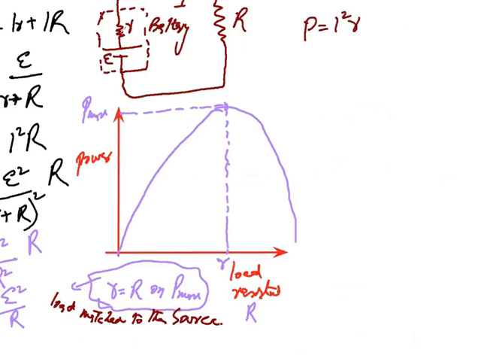It means the power dissipated in this resistor is I square R, and your I is equal to E by R plus r. We get this from KVL. Oh, I get it now.